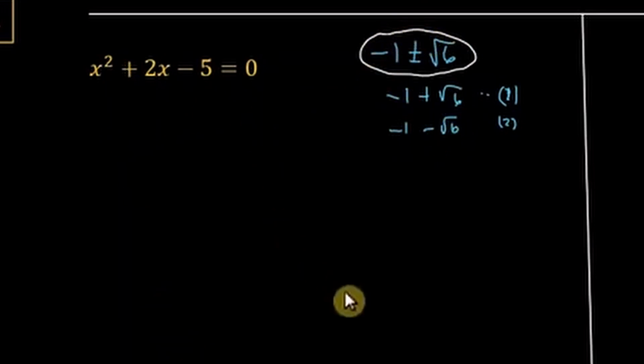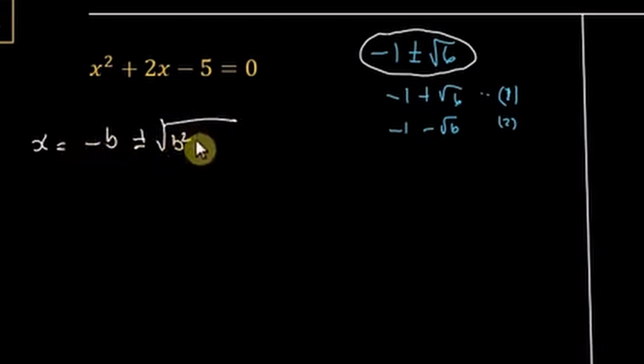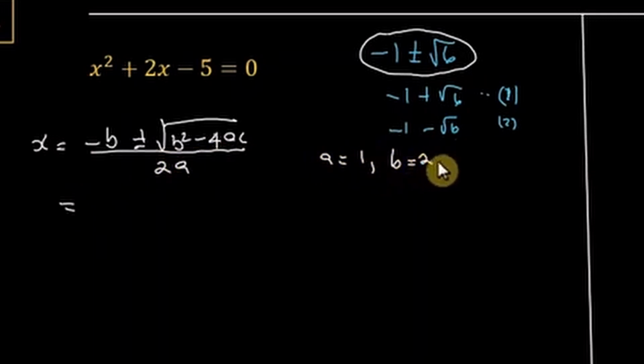So let's go ahead and use the quadratic formula. The quadratic formula is x is equal to minus b plus or minus the square root of b squared minus 4ac, all over 2a, where a is equal to 1, b is equal to 2, c is equal to negative 5. So let's substitute these values into this equation.